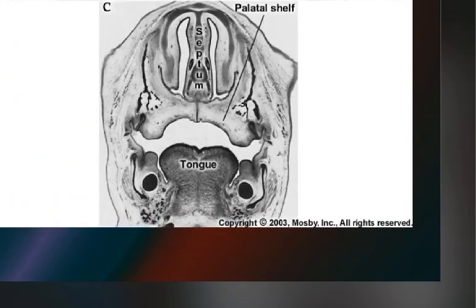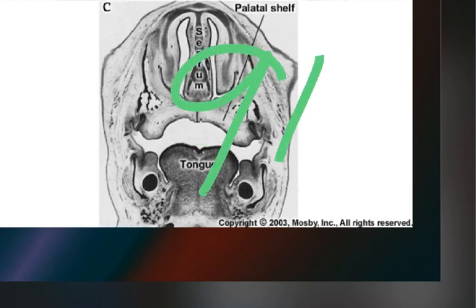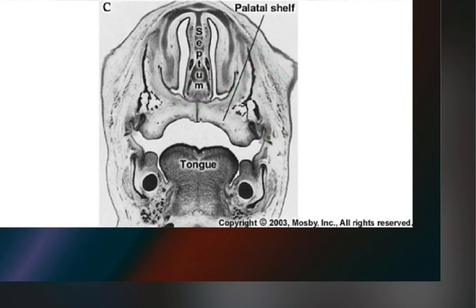And here we see full contact between the lateral palatal shelves, but no fusion yet, because the midline epithelial seam is intact. So this is the 9th week in utero.